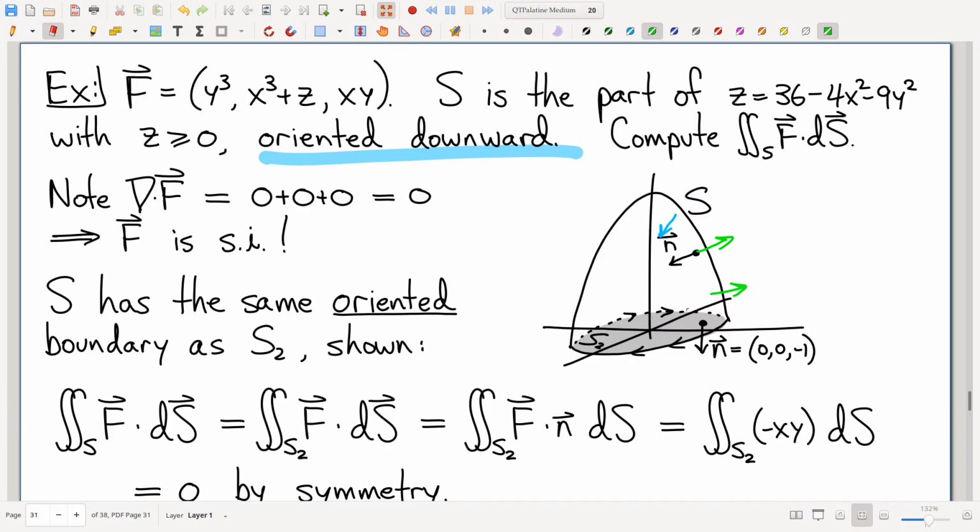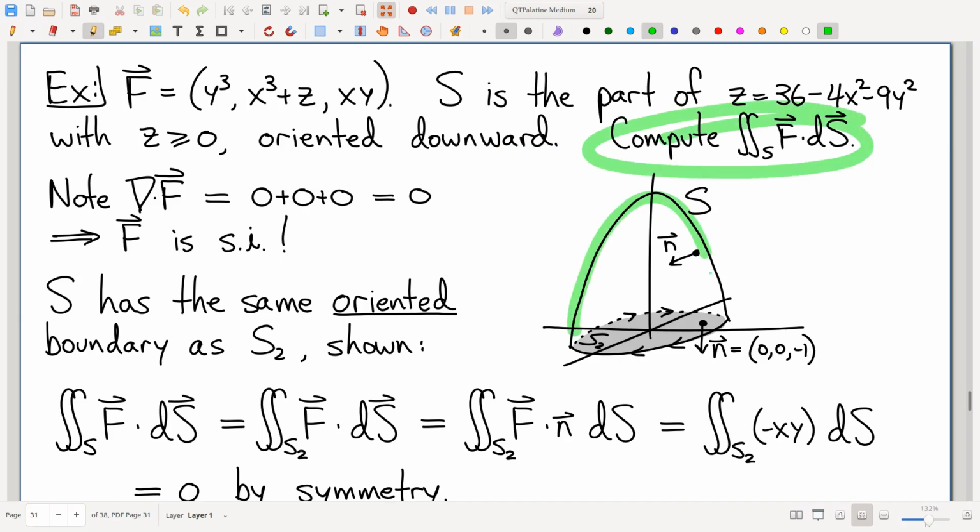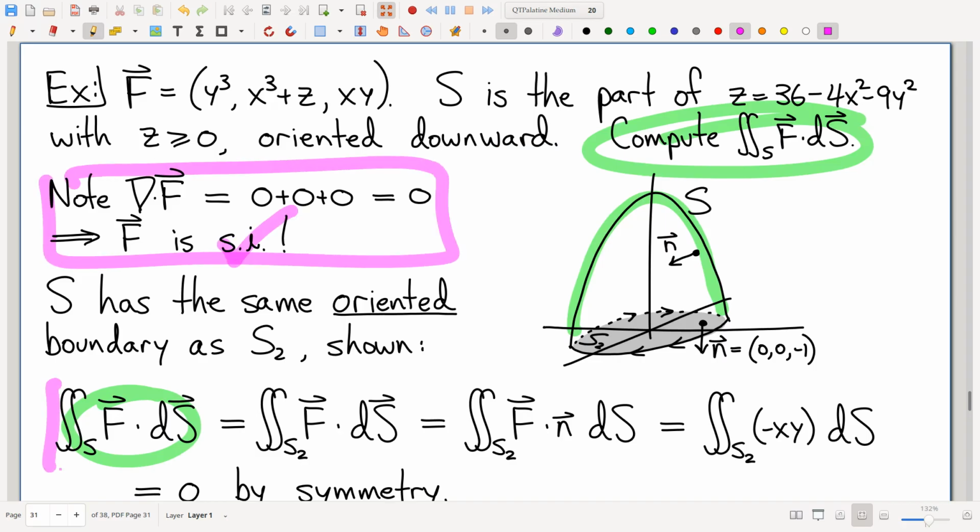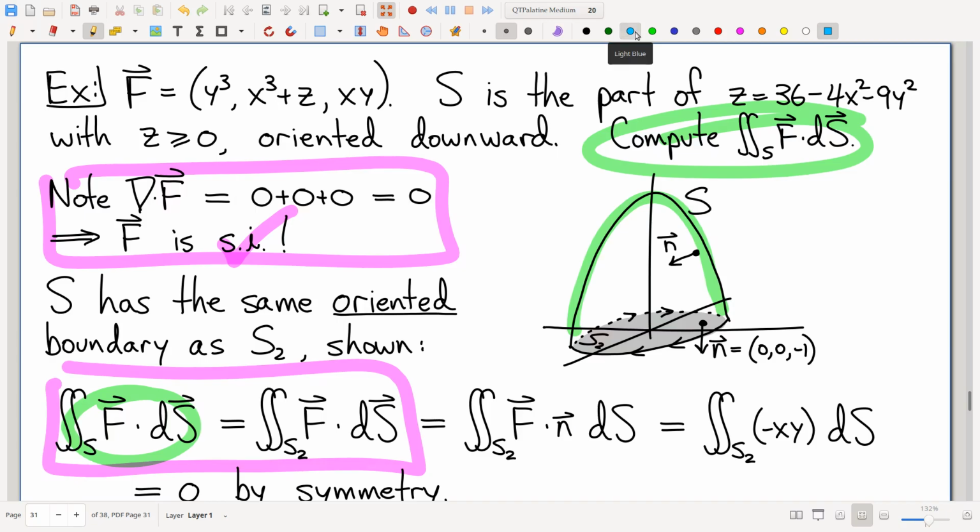So just summarizing again, we were looking at this integral over that surface. We established surface independence, which means I'm allowed now to pick any surface I like that has the same boundary. And here it is. I'm going to pick that surface right there. It's got the same boundary. I'm going to compute that integral instead, hoping that it's going to be an easier integral.